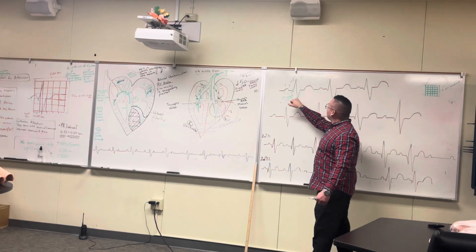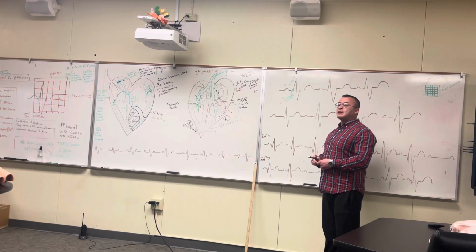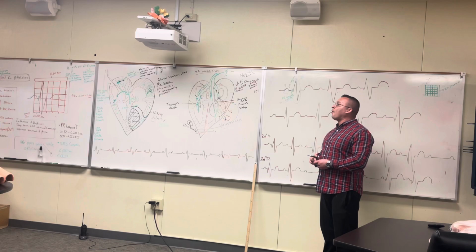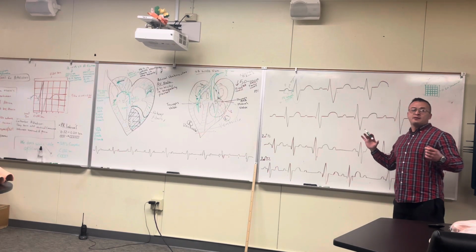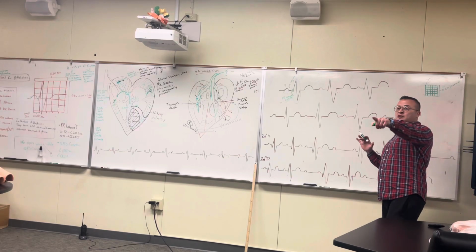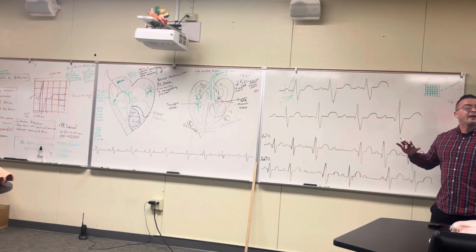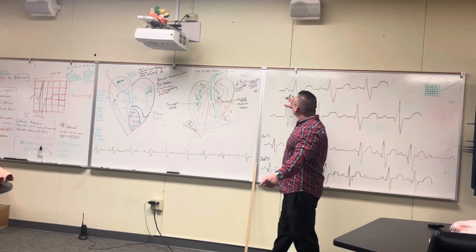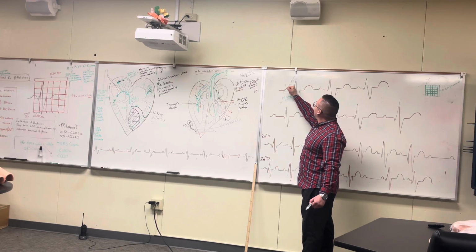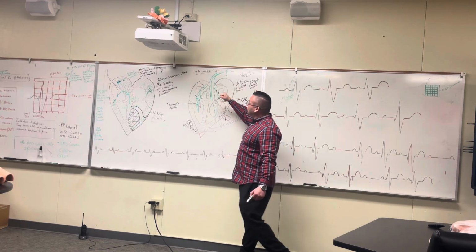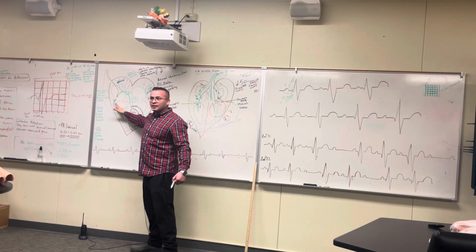So now what does this QRS stand for? What's going on in the heart now, with the conduction system or mechanically? Electricity left the AV node, right? So electricity has just finished pausing at the AV node, and now it's leaving. So now it's traveling through the ventricles. That's what that means, okay?